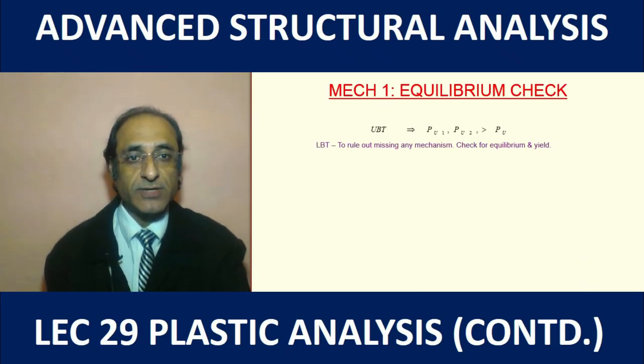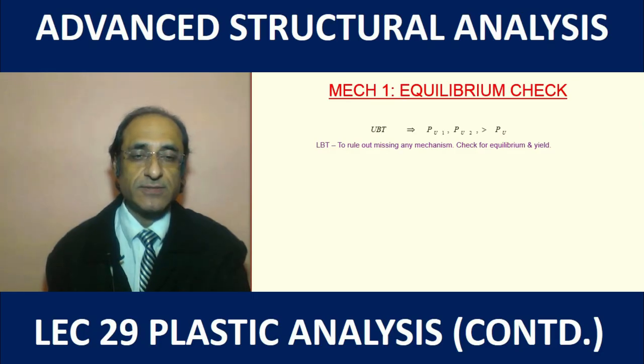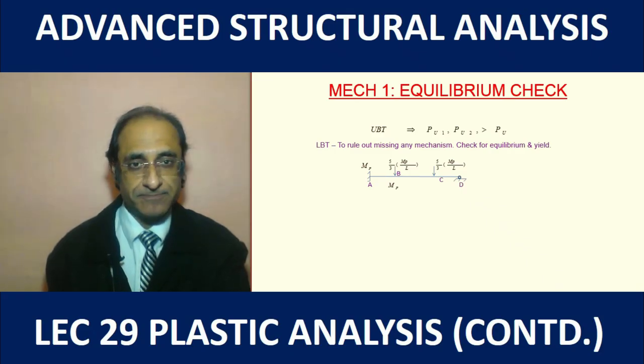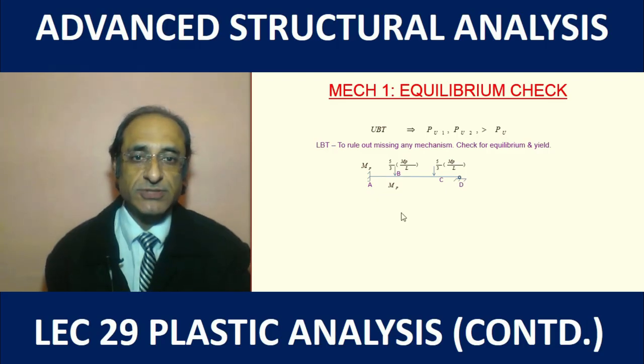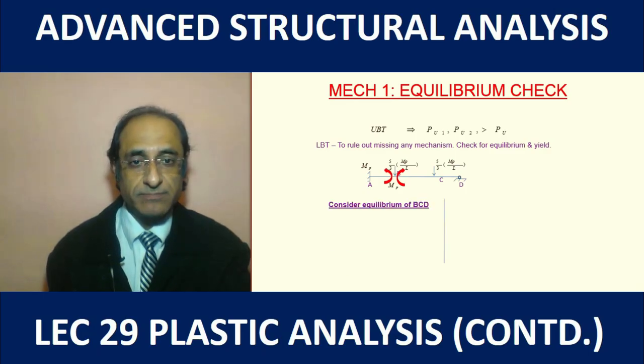The upper bound theorem says that these two mechanisms are upper bounds, and now we are using the lower bound theorem, that is the equilibrium and the yield check, to ascertain. So now we apply the ultimate loads as we have obtained from the previous step for P1, and we have the MP at these 2 points A and B. Now we consider the equilibrium.